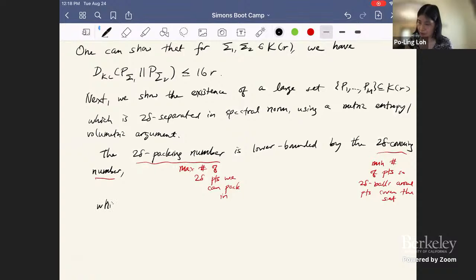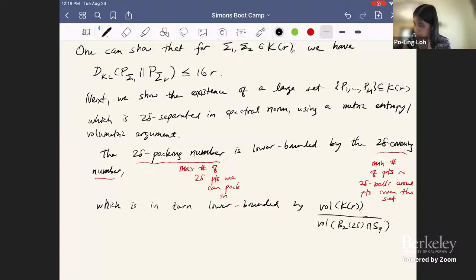And importantly, this is in turn lower bounded by the volume ratio: the volume of K of R divided by the volume of the set B2 of 2 delta intersect SP. So this is relating the two delta covering number to the volumes.